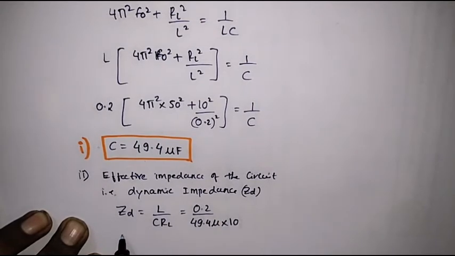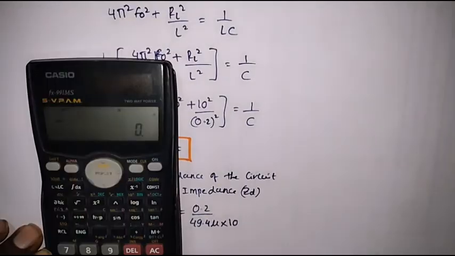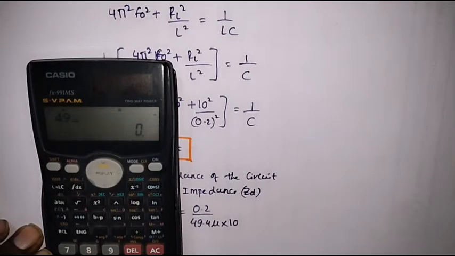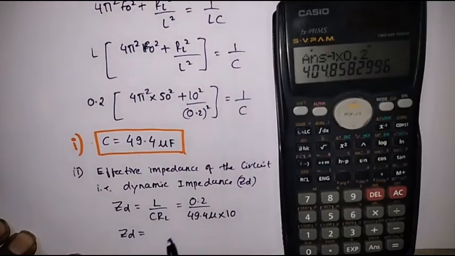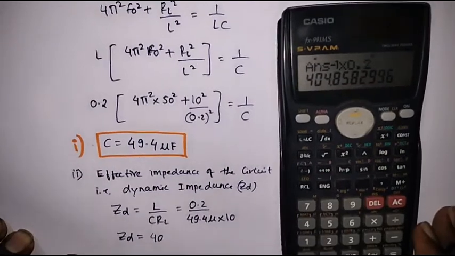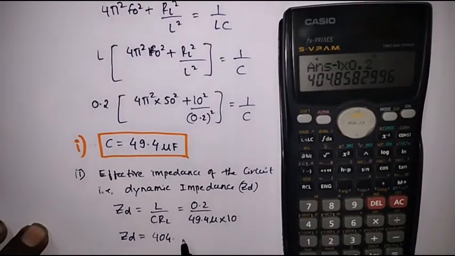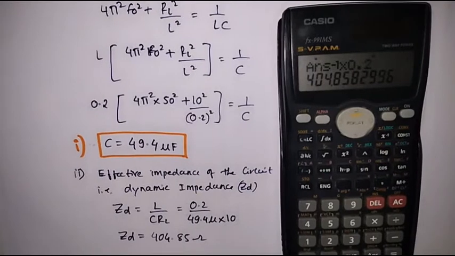Simplifying this, ZD is equal to 0.2 divided by 49.4 microfarad into 10. It gives 404.85 ohm, that is dynamic impedance. This is the effective impedance of the circuit.